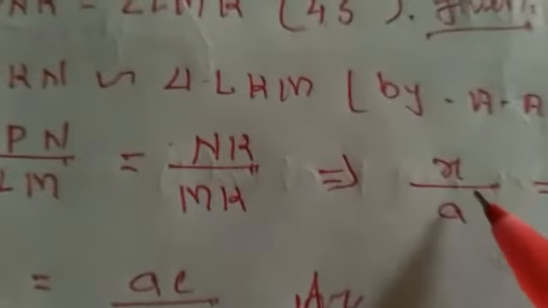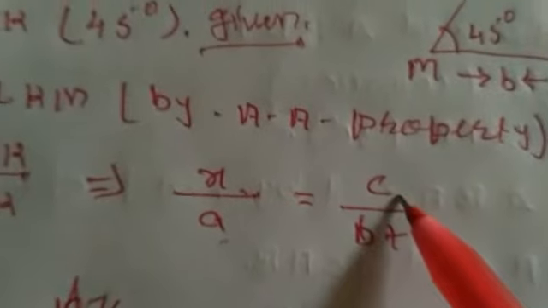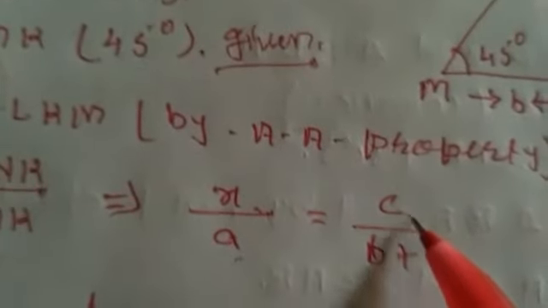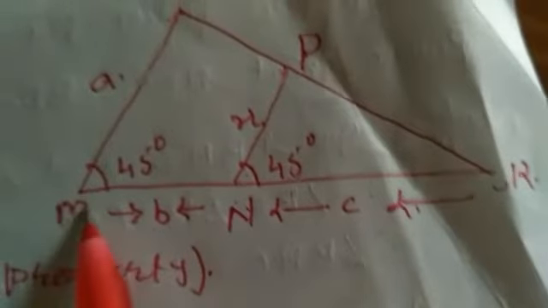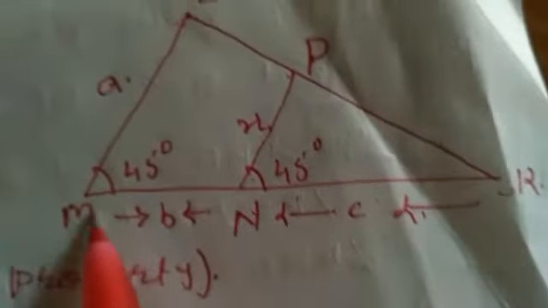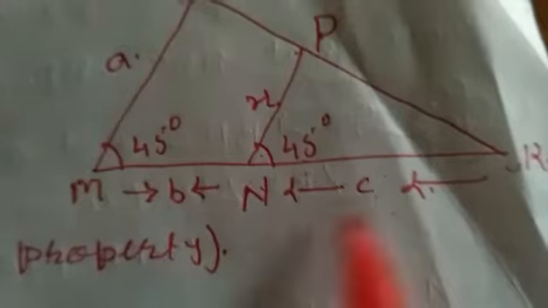PN equals x, so substitute x for PN, and LM was given as A, and NK was C, and MK becomes B plus C. MK means the whole length, that is the sum of MN and NK. MN was B and NK was C, so the total length of MK will be B plus C.